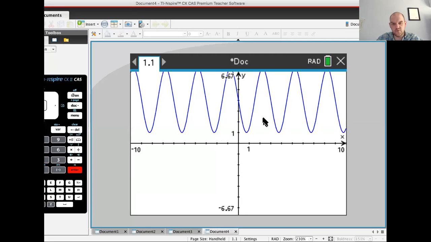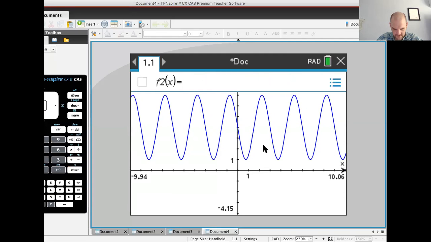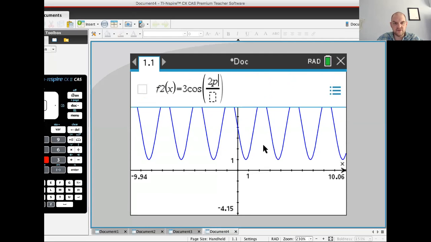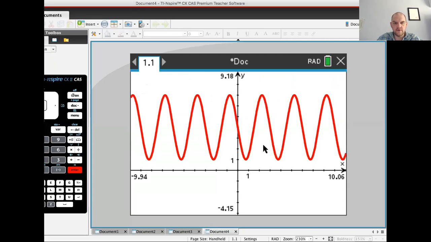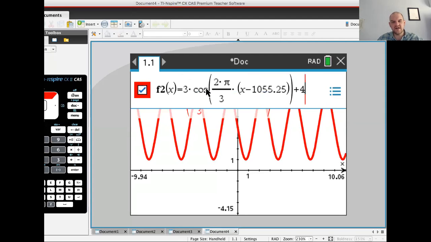All right, so that's one of the graphs. And then I'm also going to graph 3 cosine of 2 pi over 3, quantity x minus 1055.25, and then plus 4. If this doesn't work, there was a flaw somewhere. It's exactly the same. We got it. All right, that's good. That's a confidence booster, right?